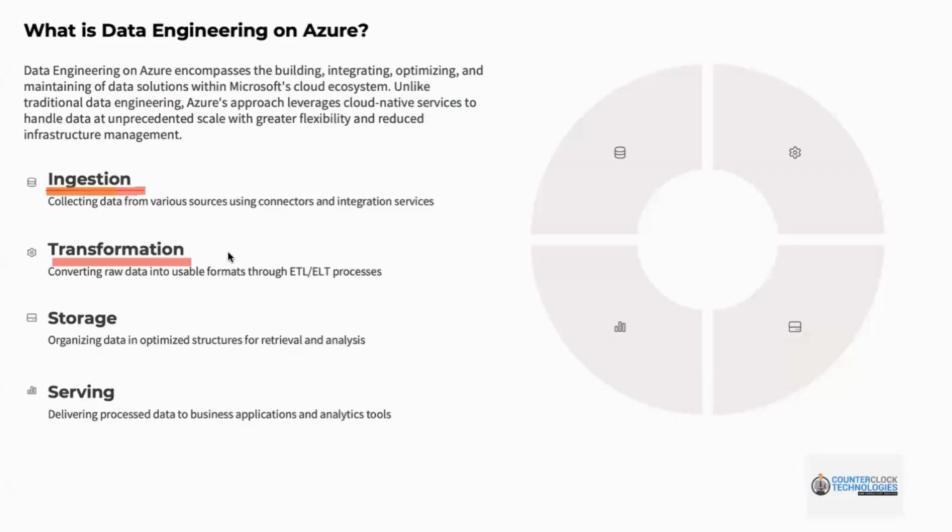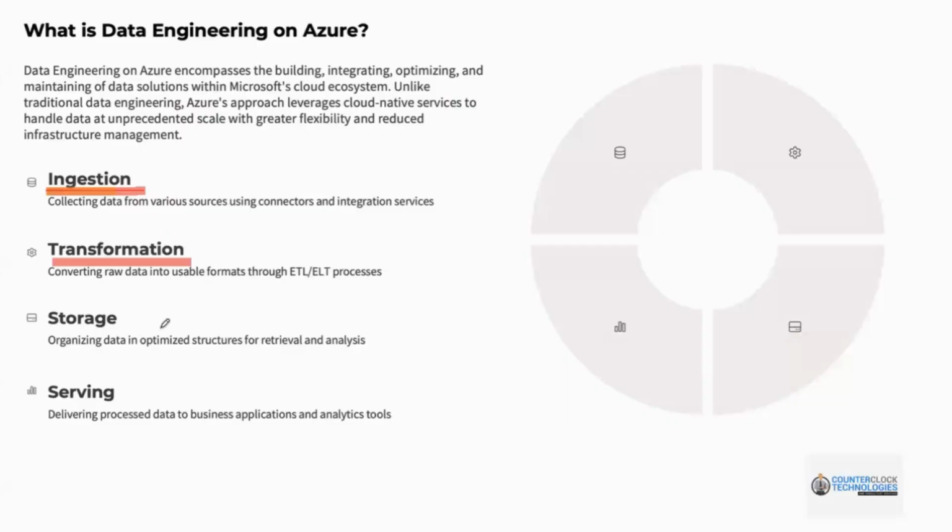We have to clean it, standardize it, and then transform it. So we use Azure Data Flow or ADF pipelines for batch ETL. And we can also use Databricks for more complex big data style transformations using Spark, or we can use notebooks and Spark SQL for scalable data setup.